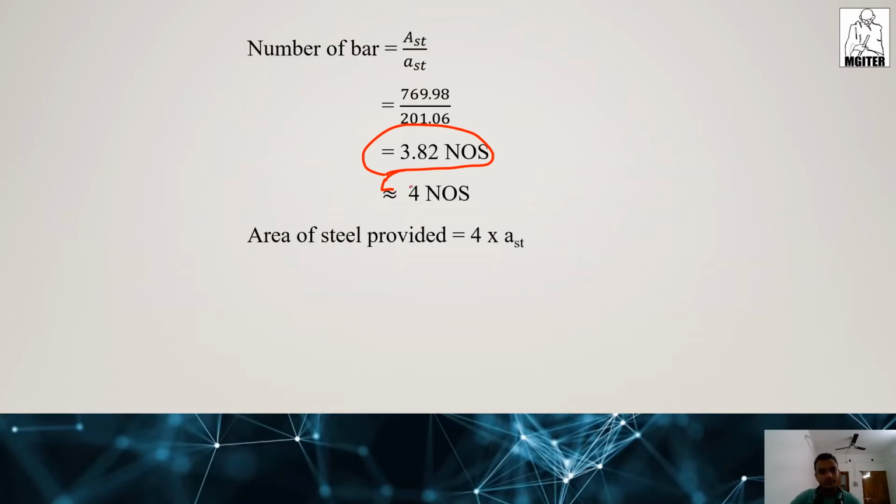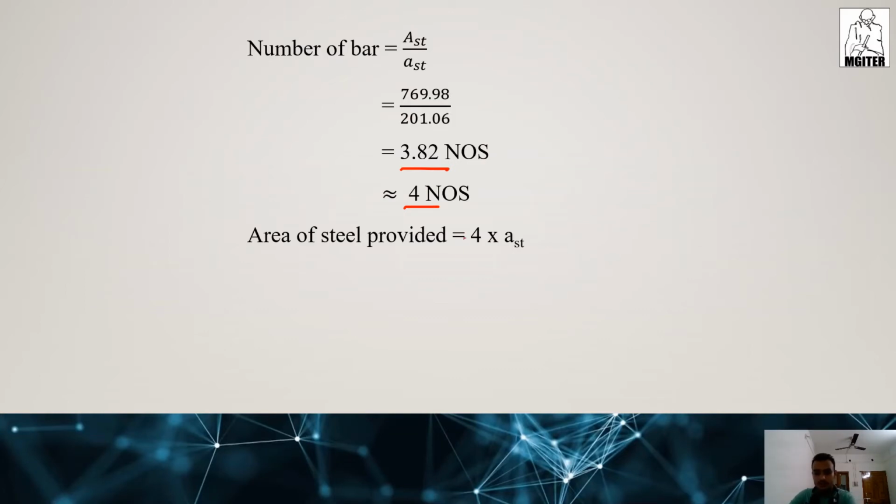If you take 5 numbers of bars, then it will be okay, your design is safe. But you can't take 2 or 3 numbers of bars. It depends on this value. Okay, understood? Simple.